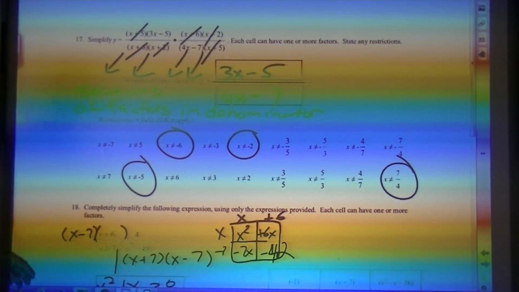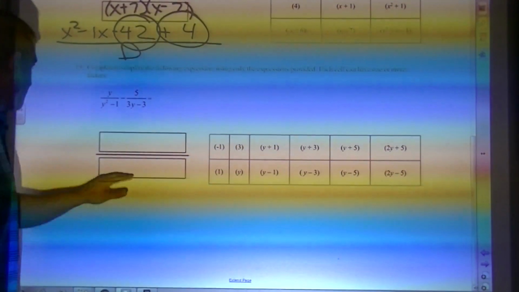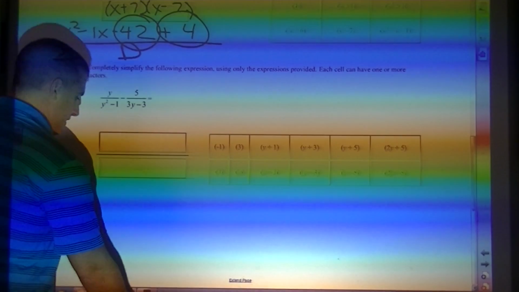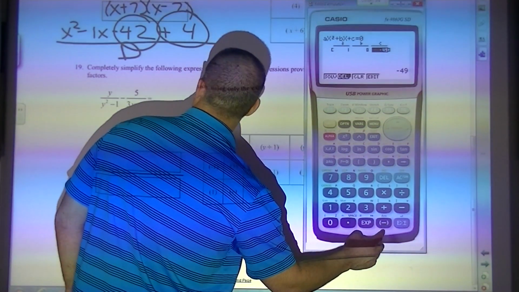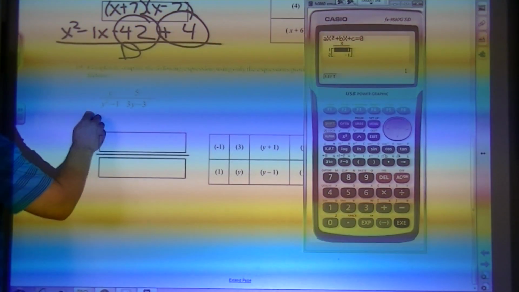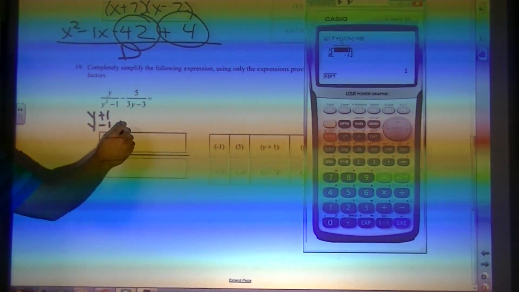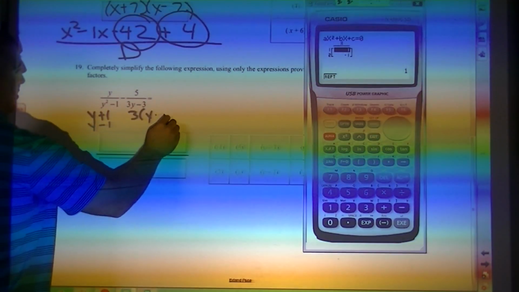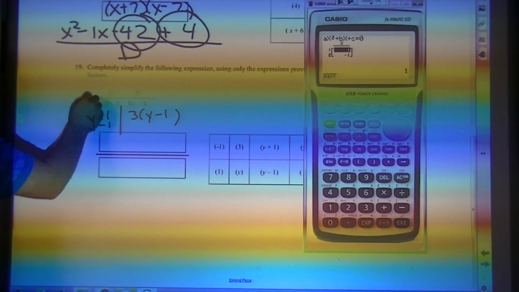Here we go. We're going to go to this last problem here. I got to reduce both of these. y squared minus 1, that's y plus 1, y minus 1. This one, the only thing I can do is take out 3. What that's going to leave me is that. Now, when I look at both sides, this side is just missing a 3.